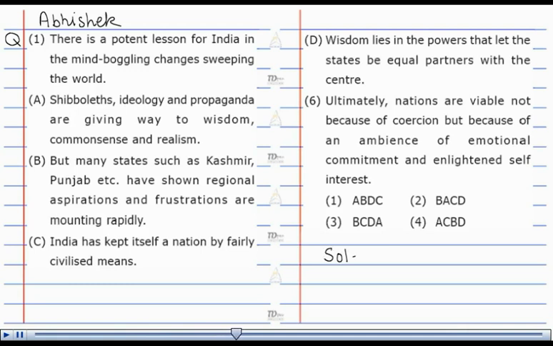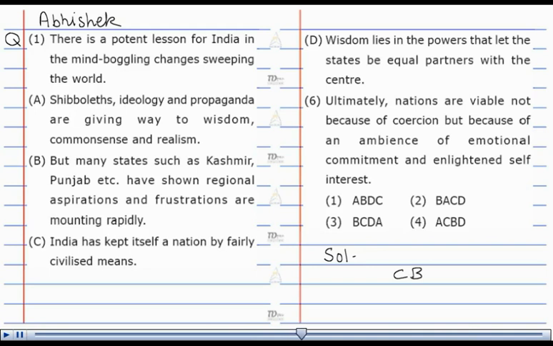Solution. On reading these sentences, the first link that we obtain here is CB. Statement C says that India has kept itself a nation by fairly civilized means.